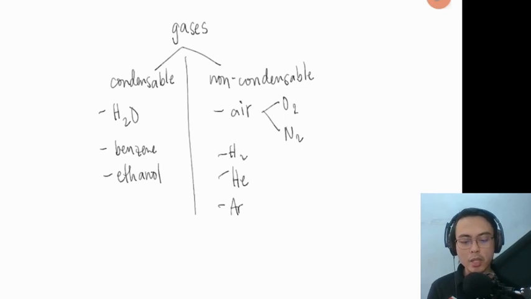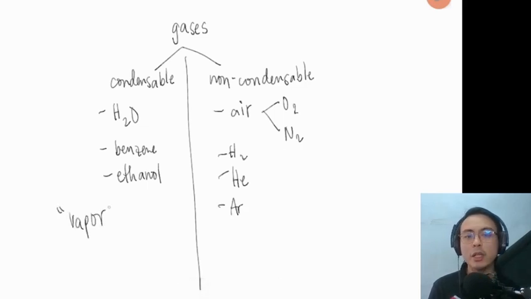Now, we must set up a terminology that easily differentiates condensable from non-condensable gases. This is where the term vapor comes in. Now, all your life, I think you are using the term vapor wrong. Previously, we are free to use the terms vapor and gas interchangeably.